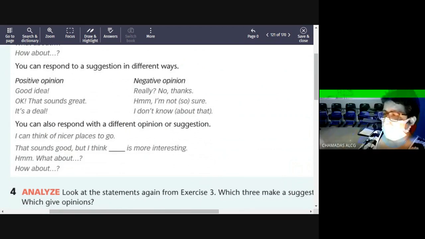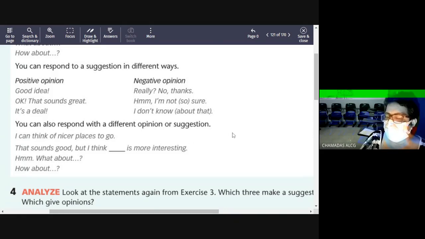Okay, so then you give another suggestion. Or you say, what about the Grand Canyon? What do you say? Or how about the Grand Canyon? Okay, guys, you give another alternative. Okay?